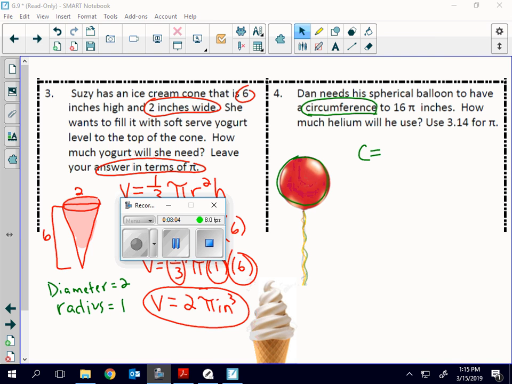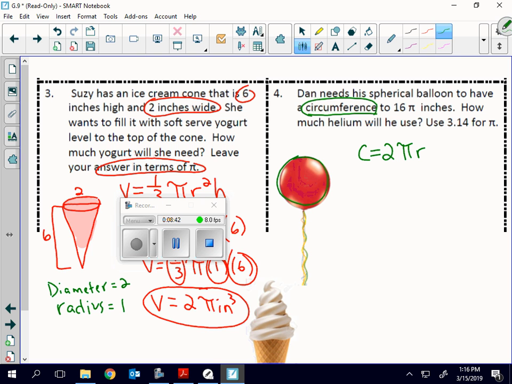Just to be clear, I think he's talking about the circumference of a circle, because that's what we usually talk about, versus the outside of the sphere, which would be the surface area. I don't think they want the surface area. I'm going to go with the circumference, because we didn't really do surface area. The circumference of a circle is 2 pi r.